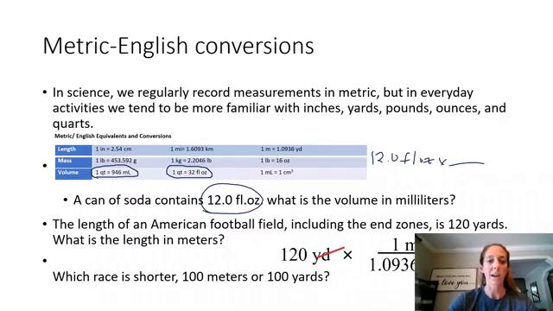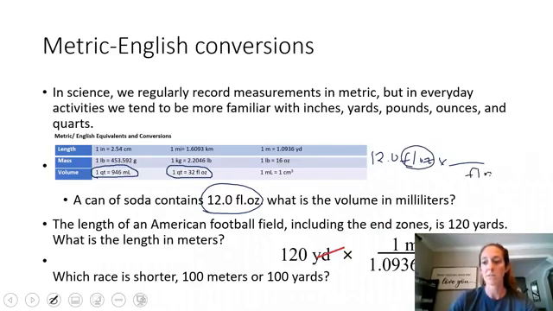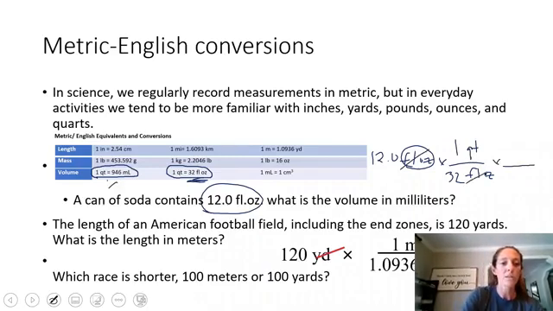So I need to set up and say, okay, fluid ounces and quarts, we're going to use that as my first one. What do I need on the top and the bottom? Well, if I'm starting with fluid ounces, I got to have my fluid ounces down here. And it tells me that 32 fluid ounces is equal to 1 quart. Okay, so that gets rid of my fluid ounces. Now I need to go from quarts to milliliters. What goes where as far as units? Well, I have quarts on top, so I got to have quarts on the bottom. And what do I want?